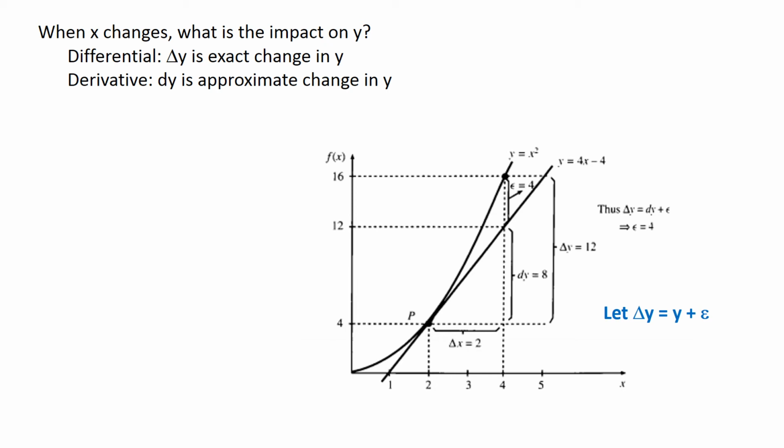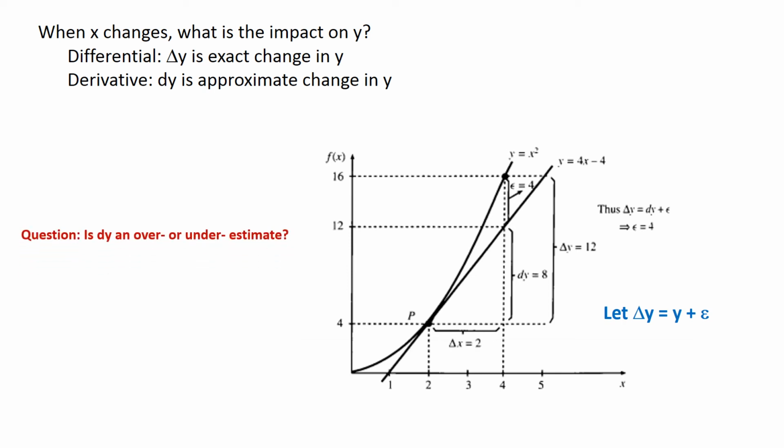On the other hand, if we follow the curve y equal to x square, then y goes up from 4 to 16. So the increase in y is 12. That means del y is 12, dy is 8, and there's an error term of 4.